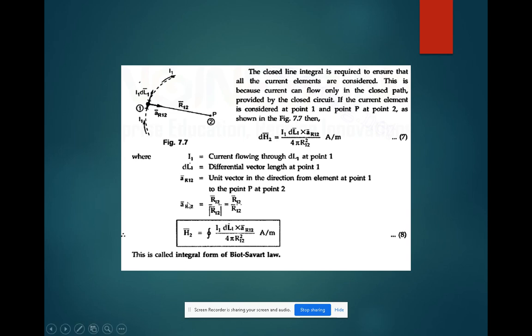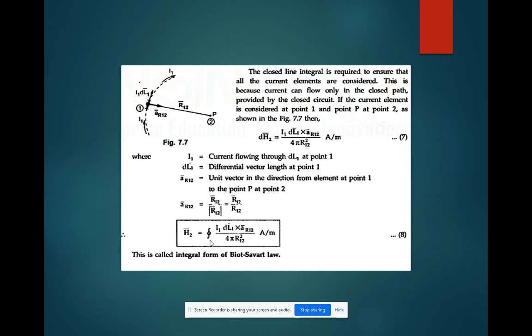You replace the unit vector aR12 by R12 vector divided by R12, and you get this equation. This is nothing but the line integral form of the Biot-Savart law.